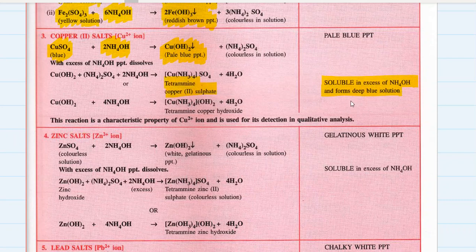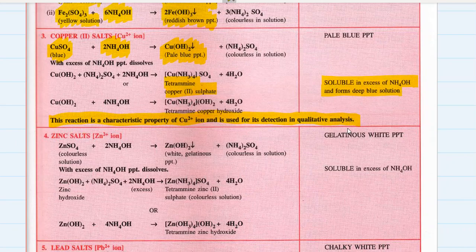If more ammonium hydroxide is added, the pale blue PPT dissolves and forms a soluble solution of tetraamine copper 2 sulfate, which is deep blue in color. This reaction is a characteristic property of copper ions and is used for their detection in qualitative analysis.